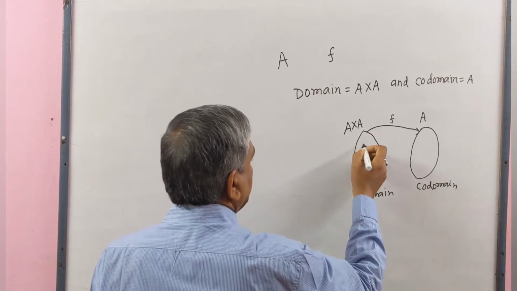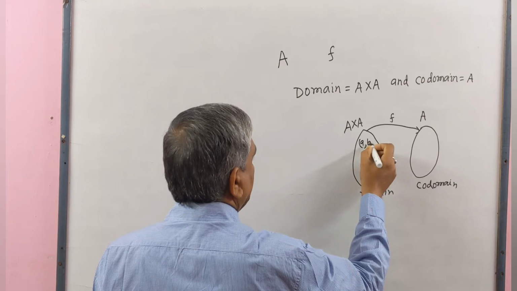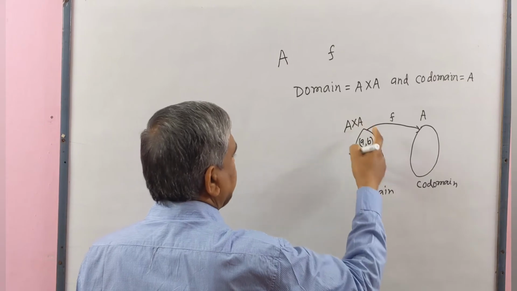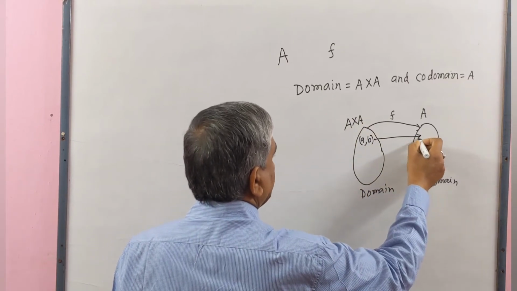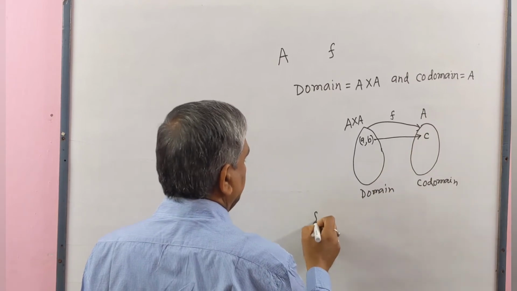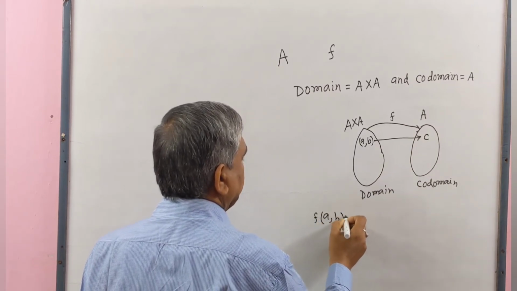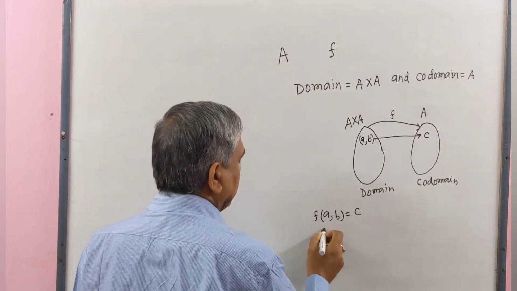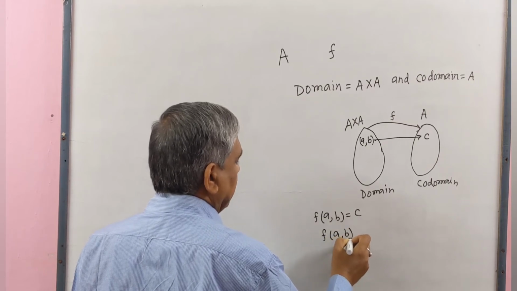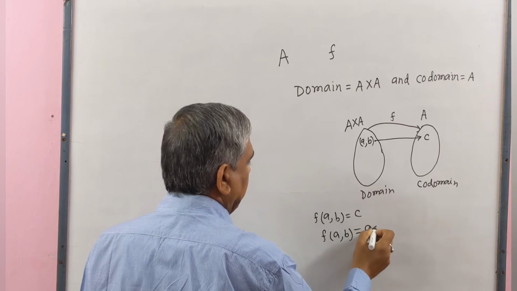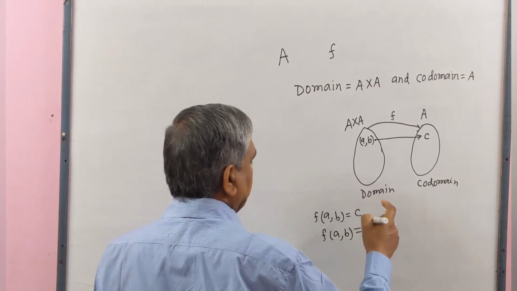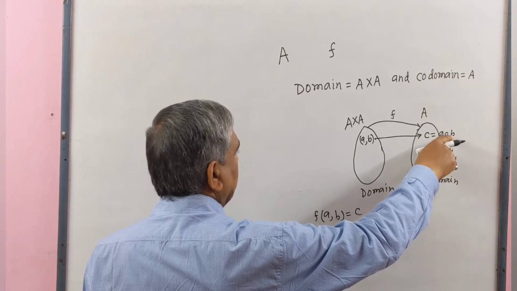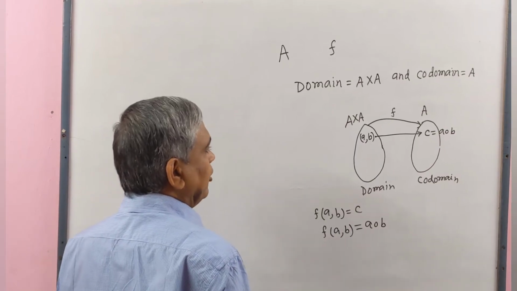Let the ordered pair (A, B) be an element of A cross A and its image be C, then F(A, B) equals C, and if we denote F(A, B) as A O B, then we may write C equals A O B. This O is the symbol of binary operation.